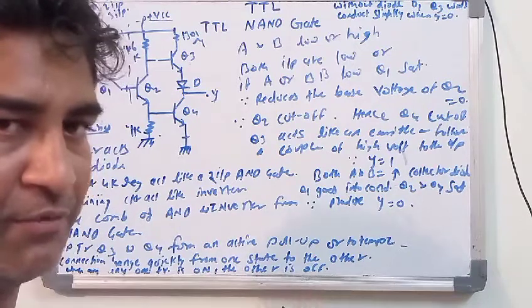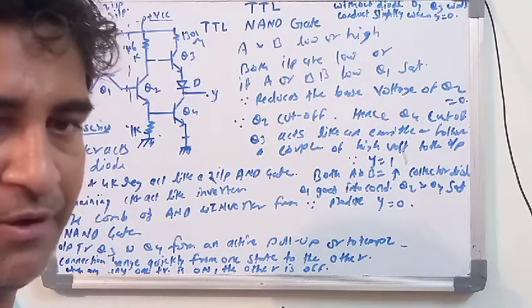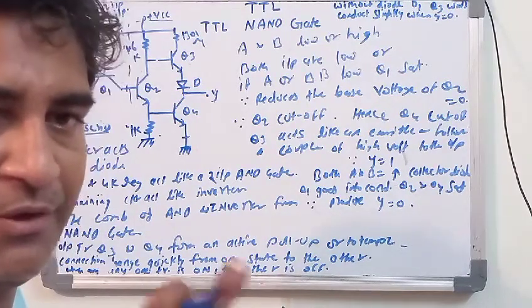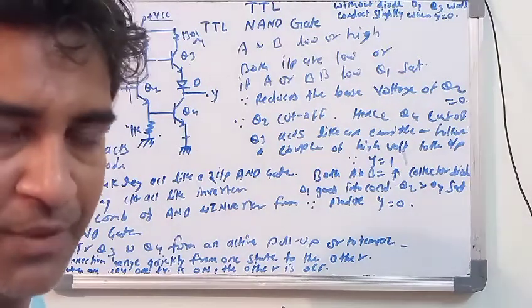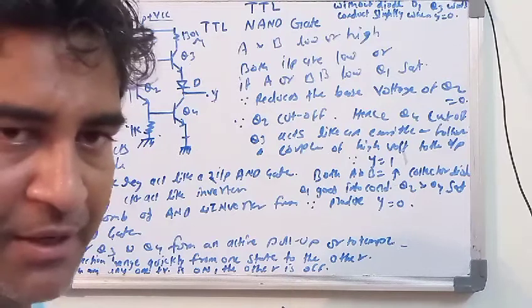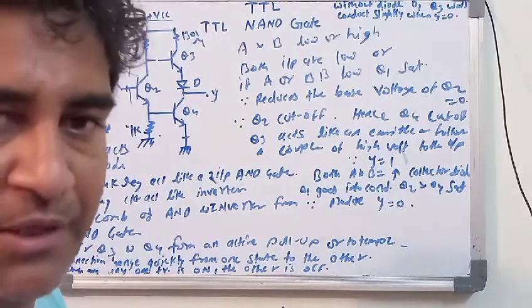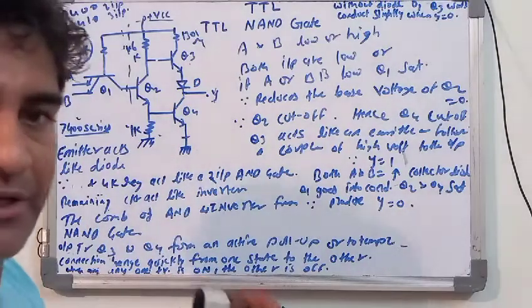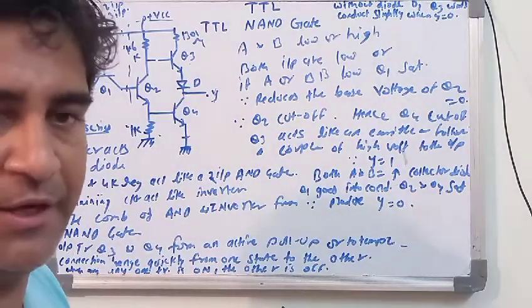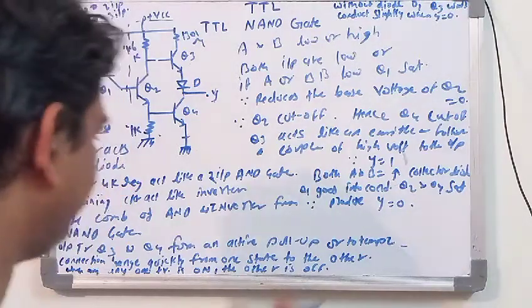The diode consists of the P terminal and the N terminal. When the diode's P terminal is connected to the positive and the N terminal to the negative of the battery, the diode is in forward bias. If you make the connection reverse, then it is in reverse bias.